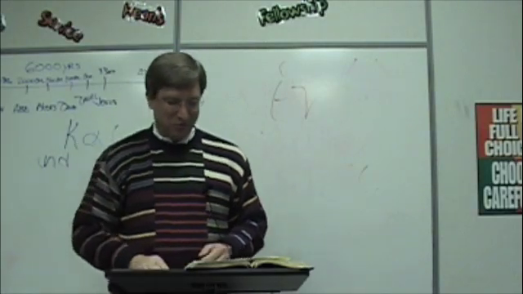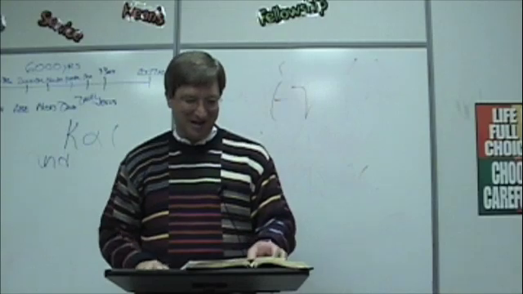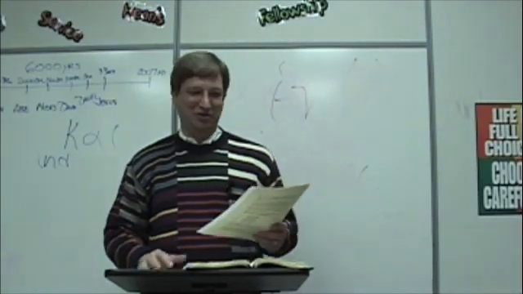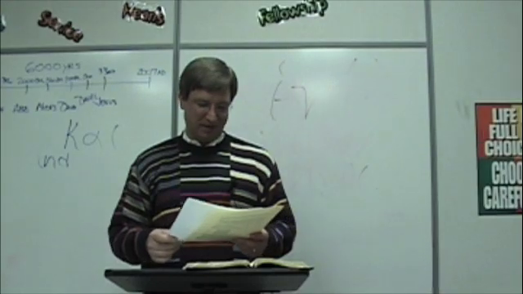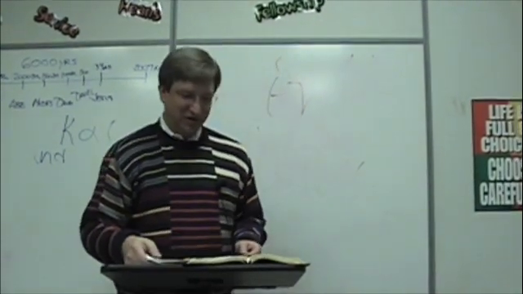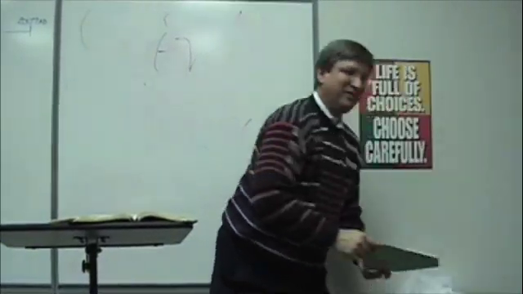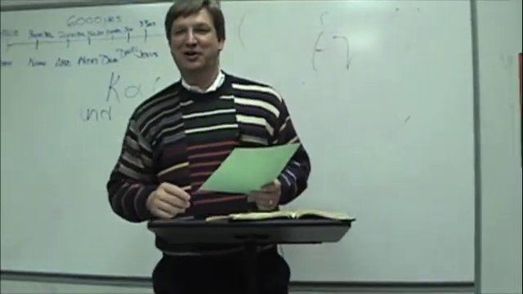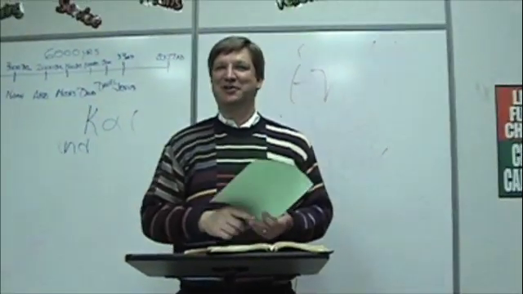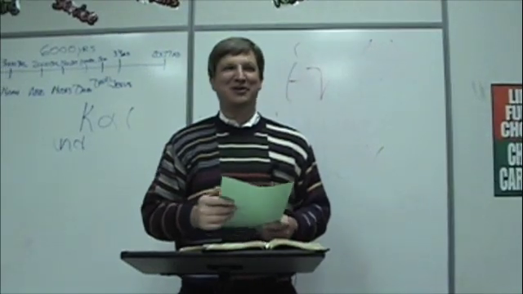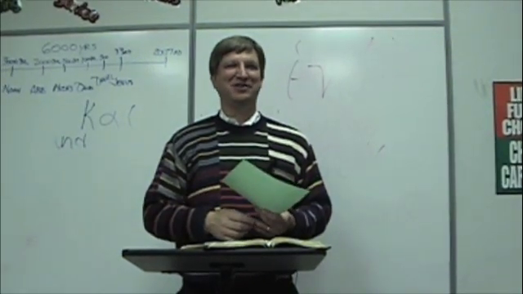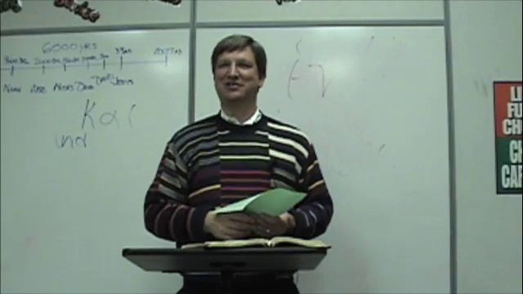All right, we've done a lot tonight. Here's what I want to ask you to do for your assignment. I want to ask you to go back, learn the alphabet, learn the vowels, learn the diphthongs, learn the breathing marks, and learn the accents.